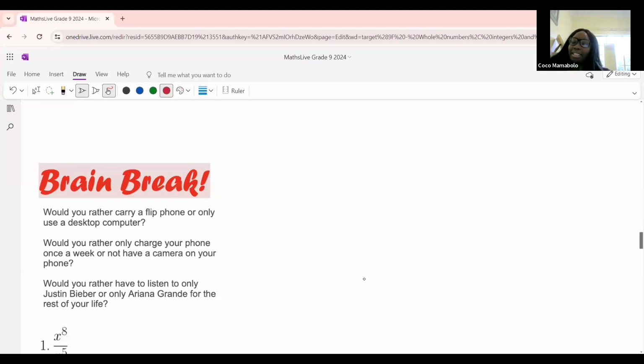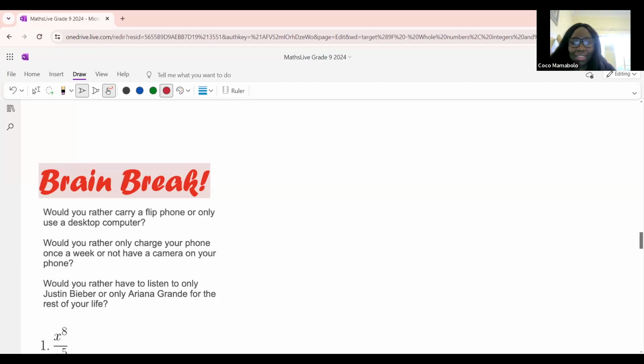Guys, please ask your mom and dad what we're actually thinking about when we think flip phone. In fact, let me see if I can find you guys a picture of what a Nokia flip phone used to look like when we were growing up.